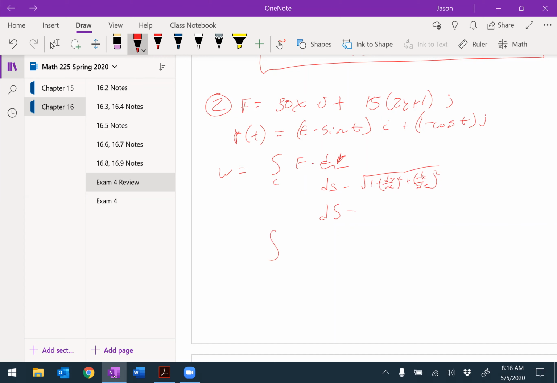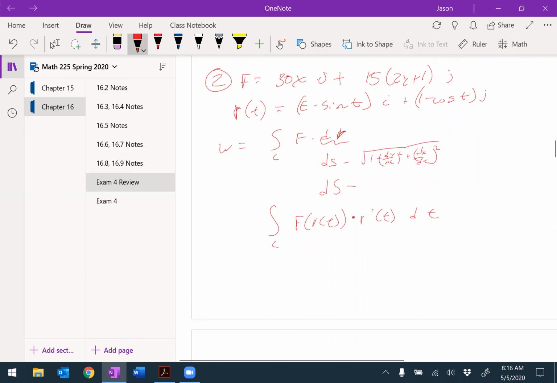This is going to be equal to the integral over that curve of F of r of t dotted with r prime of t dt.